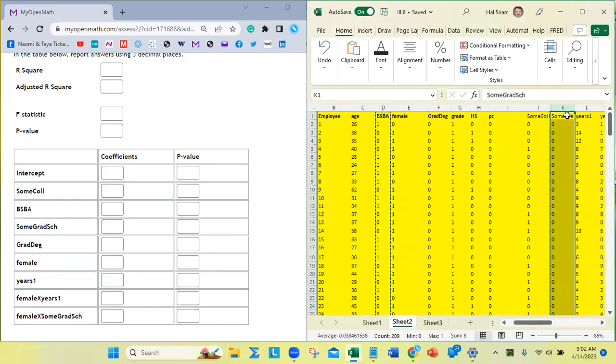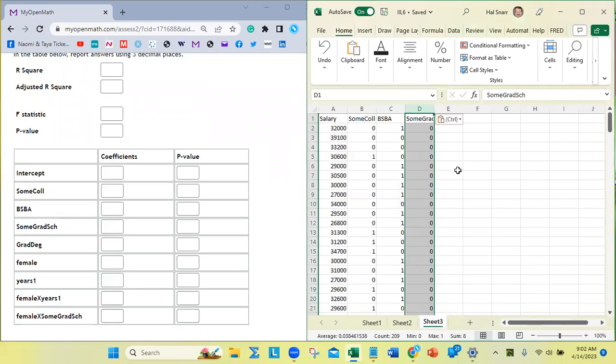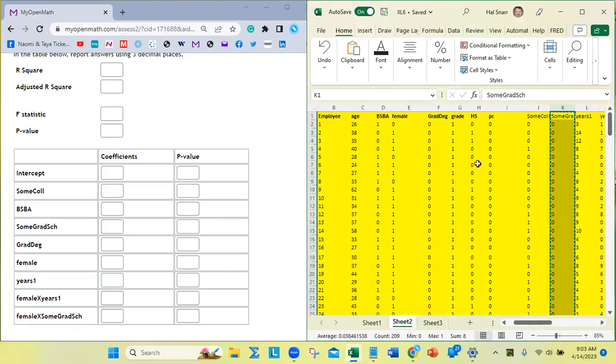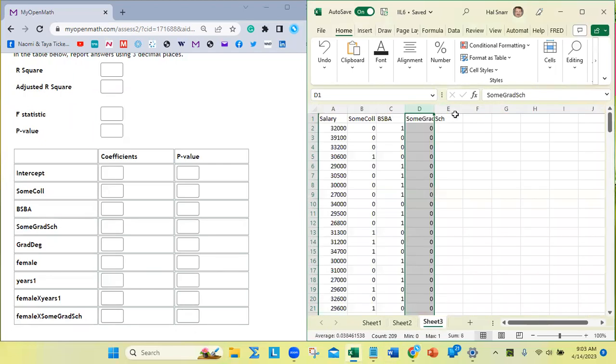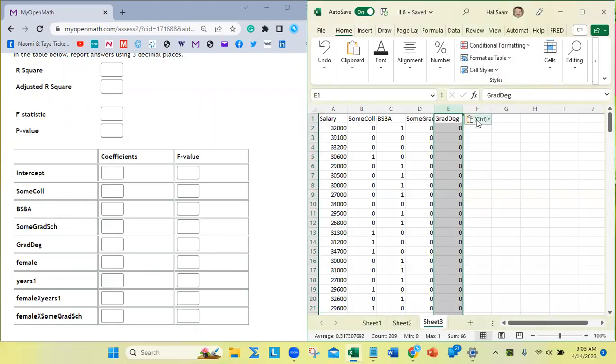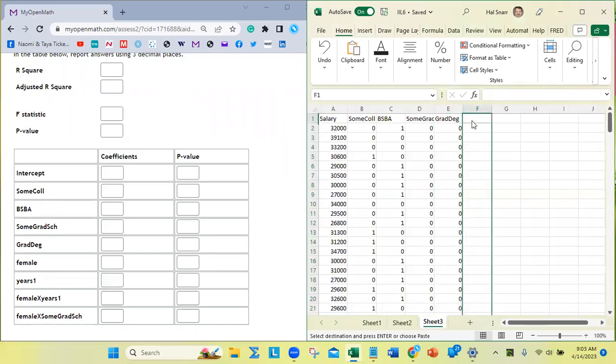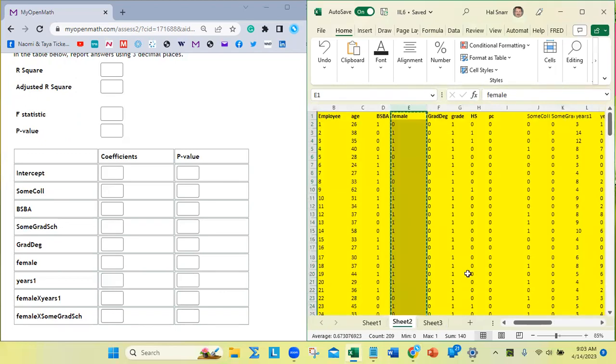Some grad school. And then grad degree. Female. Years 1.